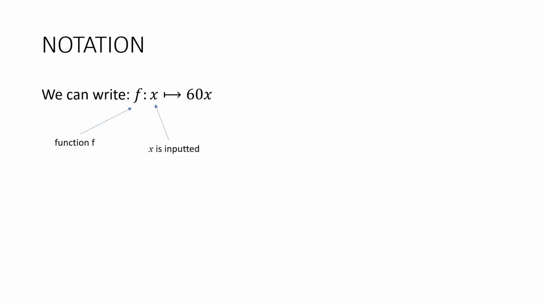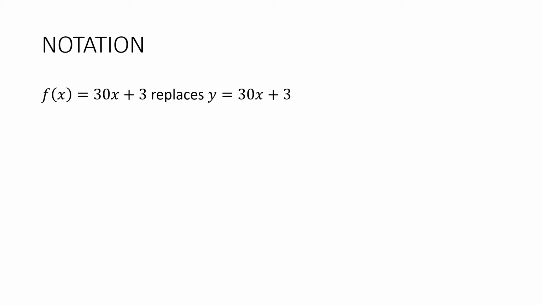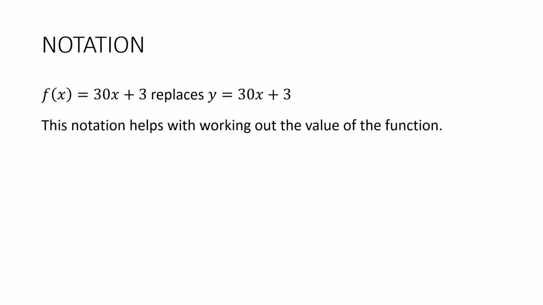It's also called a mapping. So f of x equals 30x plus 3 replaces y equals 30x plus 3. And it's just a more efficient way of doing our algebra.